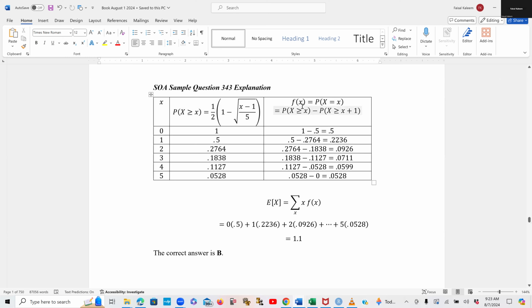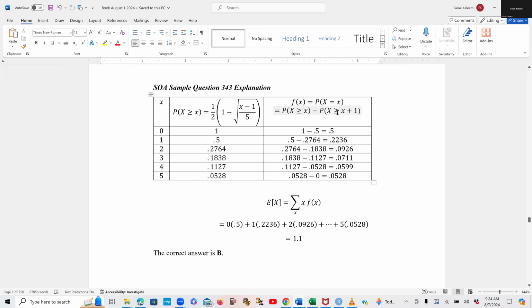So the probability of X equal to 0 will be probability X greater than or equal to 0, which is everything, so that's 1, minus probability X greater than or equal to 0 plus 1, which is 1.